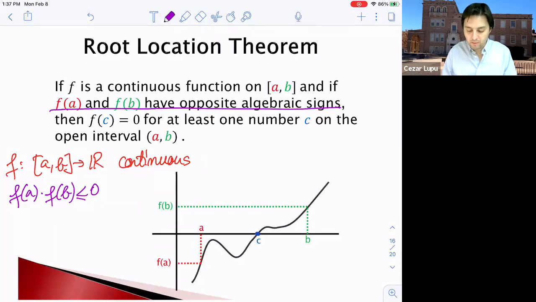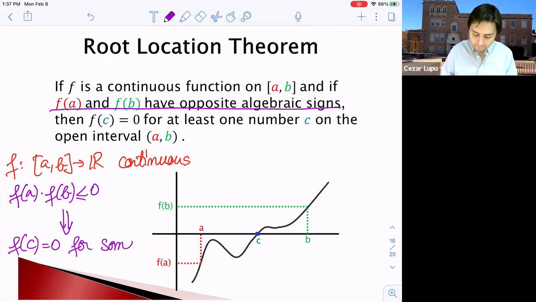If this is less than 0, then guess what? Then you can say that there exists some c. Let me write it this way: that f of c is 0 for some c in (a, b), right? So that's what you need to know.